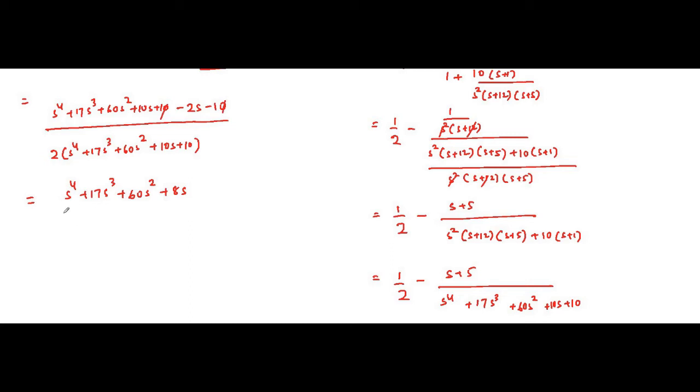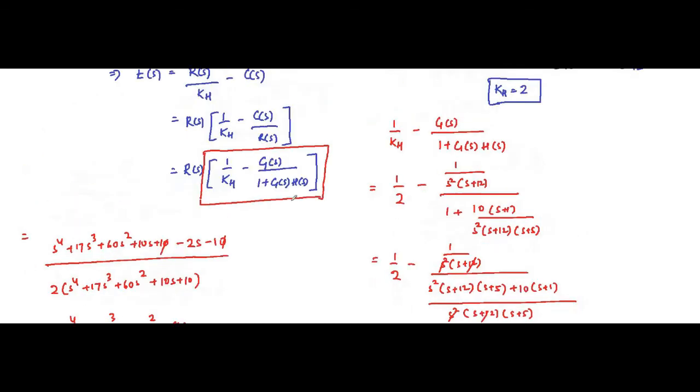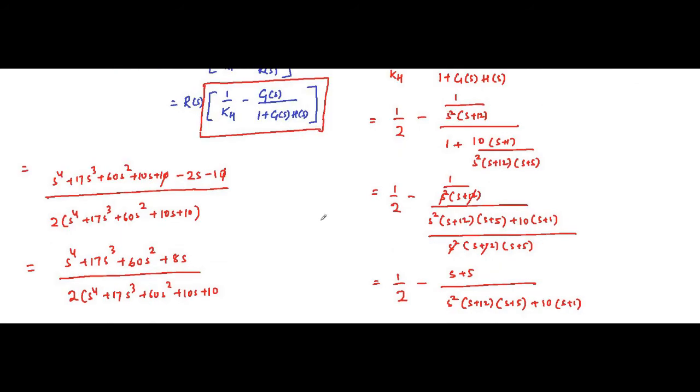So this is only 8s by 2 into (s⁴ + 17s³ + 60s² + 10s + 10). So this is the expression that we wanted, 1/Kh - G(s)/(1+G(s)H(s)). This is what we wanted.